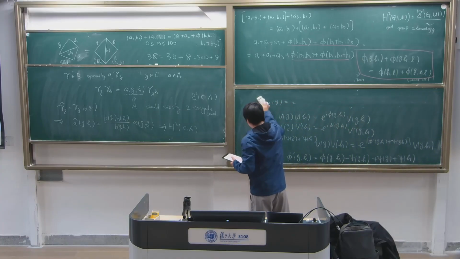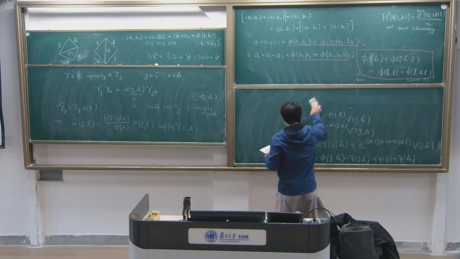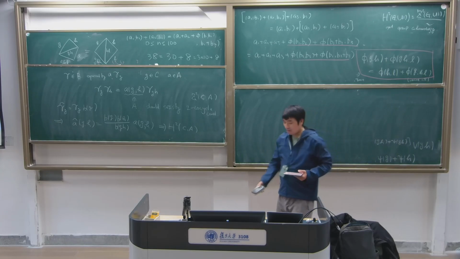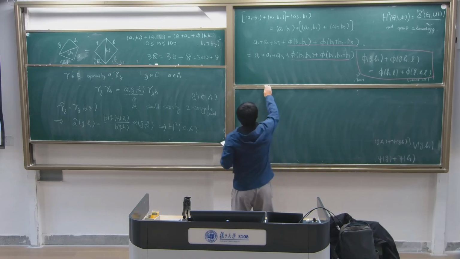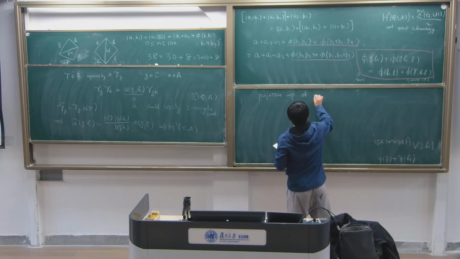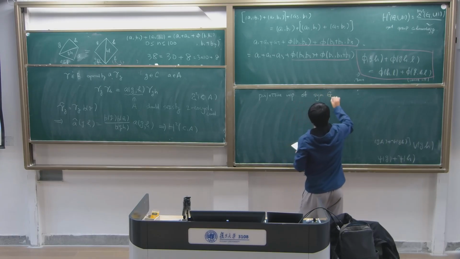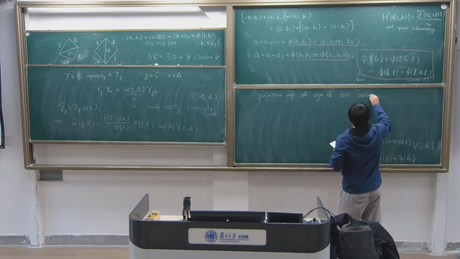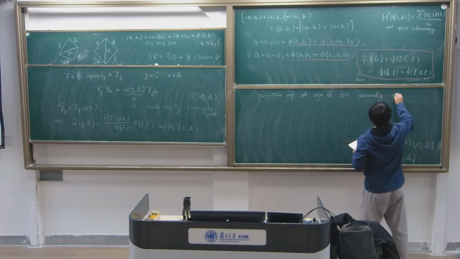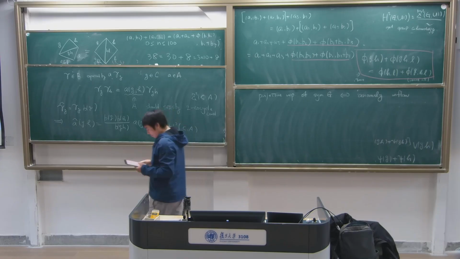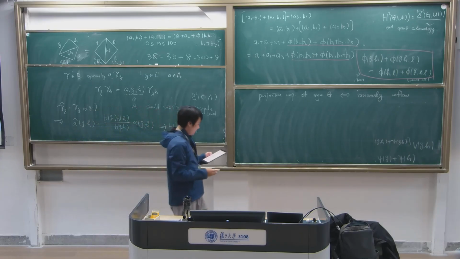This projective representation of symmetry G is somehow related to the so-called anomaly inflow in physics.